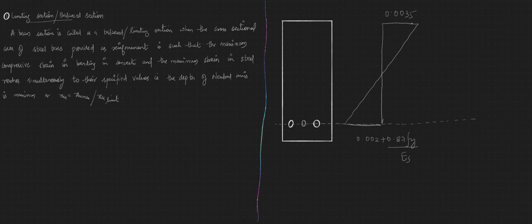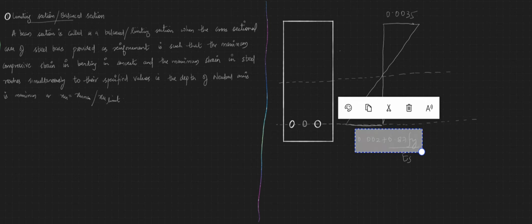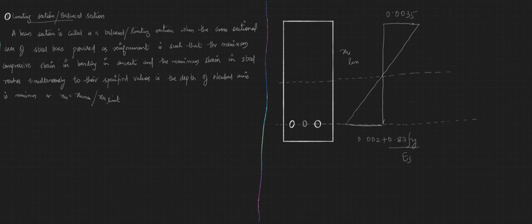Then the depth of the neutral axis is called xu limit or xu max, and the corresponding section is called a limiting section.